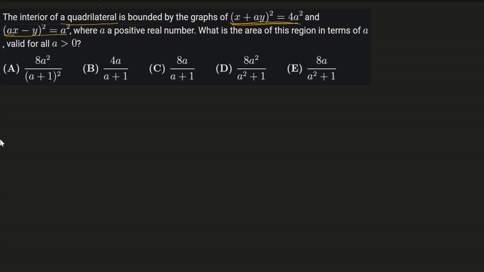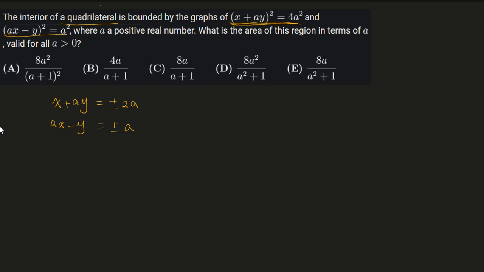Then the first equation becomes x plus ay equals plus and minus 2a. The second equation becomes ax minus y equals plus and minus a. Obviously, these are 2 pairs of parallel lines, which is a total of 4 lines.